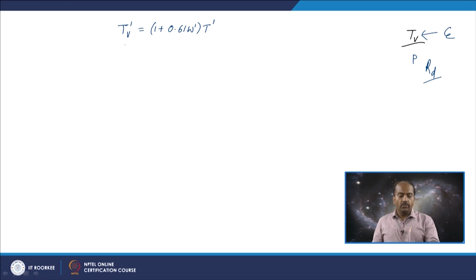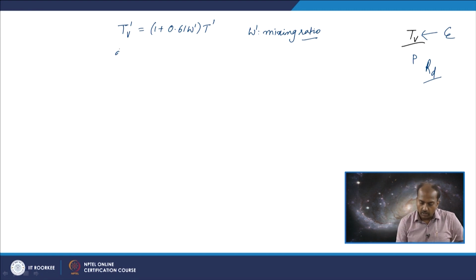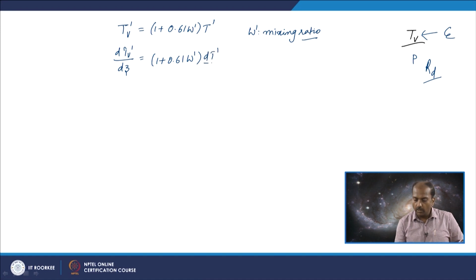So, the virtual temperature of the air parcel is T prime times 1 plus 0.61 W prime. T prime is the temperature as it is, and W prime is the mixing ratio, right. So, let us take a derivative with respect to height. dTv prime by dz is simply 1 plus 0.61 W prime times dT prime by dz, right.